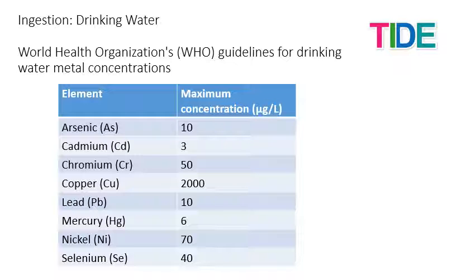Worth noting that many of these levels have been continually set to lower and lower values over the past few decades as the harmful effects of long-term exposure to these elements become more apparent.